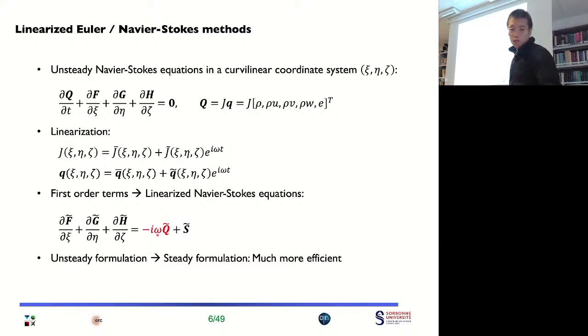If we only keep the zeroth order and first order terms in the original Navier-Stokes equations and replace the time derivative by the i omega factor, we then obtain these linearized Navier-Stokes equations for an unsteady flow field caused by the harmonic motion of the elastic structure. Solving the linearized formulation is a much more efficient way to obtain the generalized aerodynamic forces matrix.